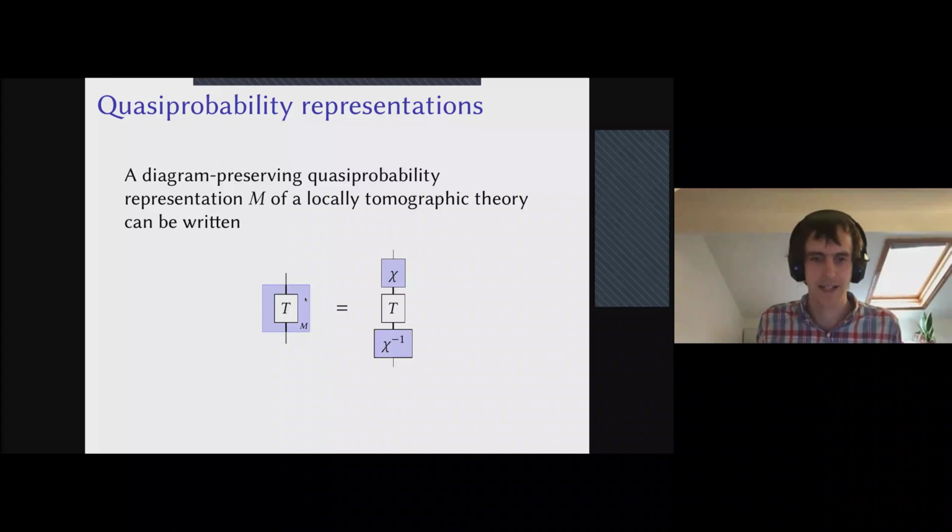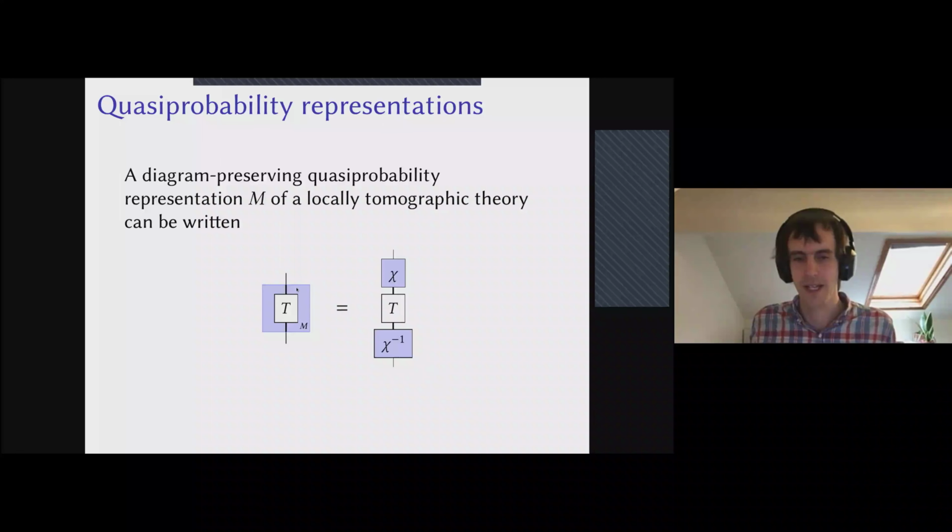Another quite nice thing is that our argument never actually really used that the probabilities for the ontic states were positive. So if you're interested in things called quasi-probability representations, might also have heard of them under the name Wigner function.